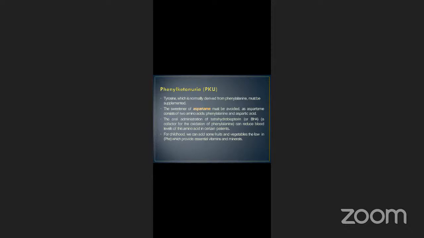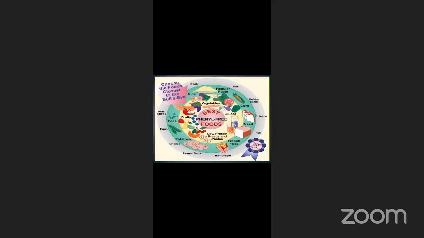For childhood, we have to add some fruits and vegetables, which are low in phenylalanine but provide minerals and vitamins. So this is the list of foods which are phenylalanine free.